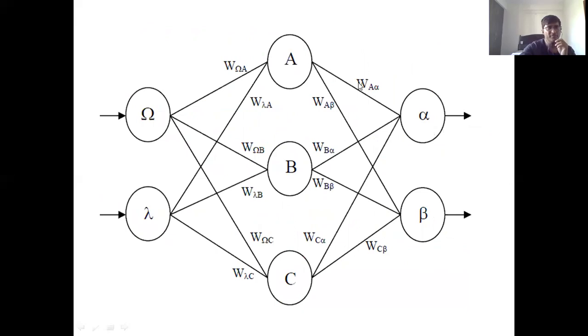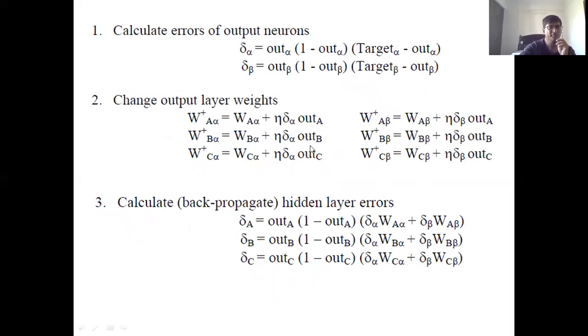So to update WA alpha, it becomes the old value of WA alpha plus the error at alpha and the output at A. All these terms are already known by this time. Similarly, by the same symmetry and the same method, we can define the same formula for each and every weight between the hidden and the output neurons. There would be 6 such weights.